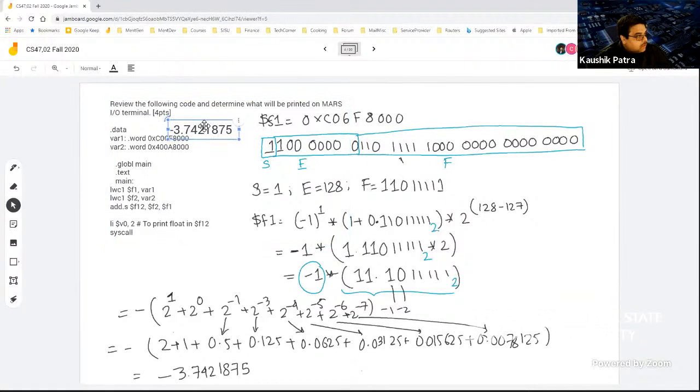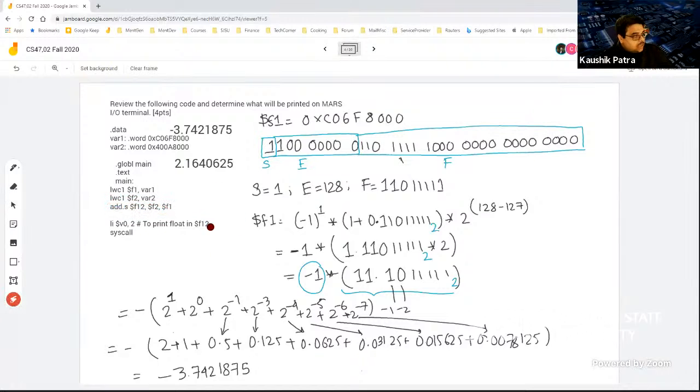So this is this part, and the other one, the F2, will be loaded with 2.1640625. So now we are basically adding these two values here.